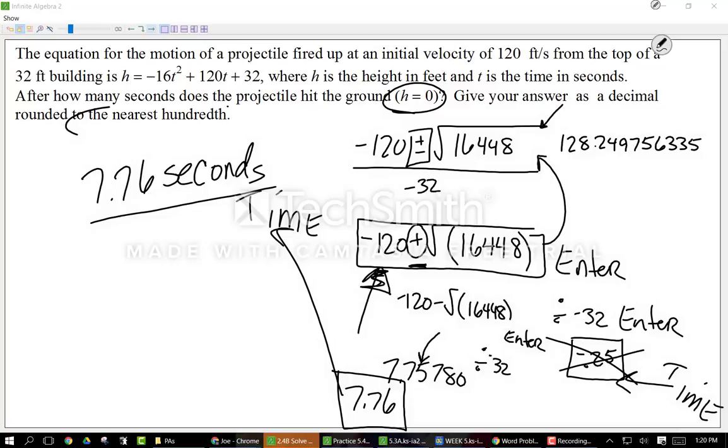If you have a calculator that doesn't do that, like one of the basic TI-30 XAs or something like that, then you're going to have to do the square root first. You take the plus the square root and then subtract the 120 and then divide. It's not going to like it if you don't do that. You might be able to find another way to do it. I strongly recommend trying to get a different calculator if you have one of those basic TI-30s.